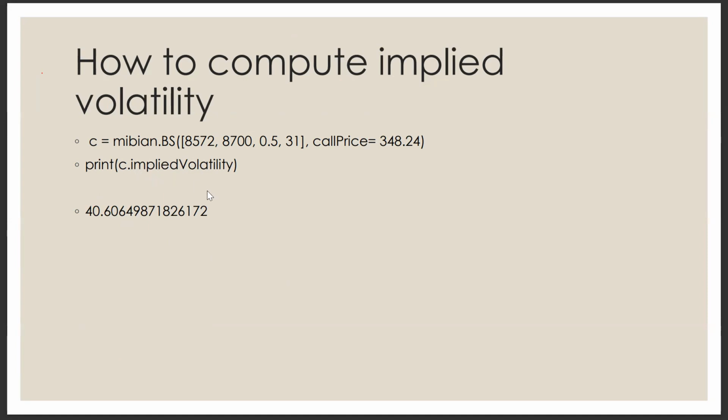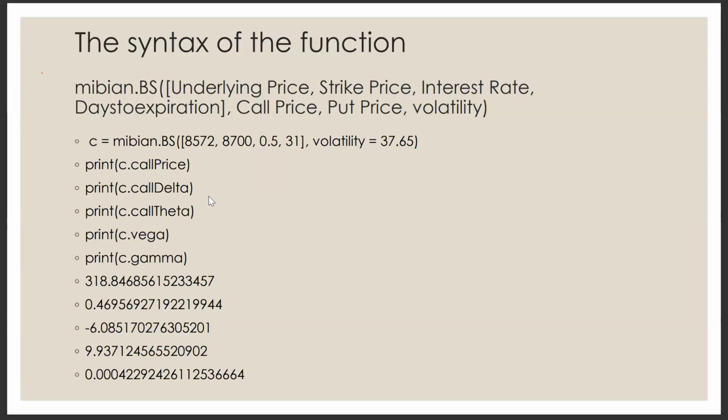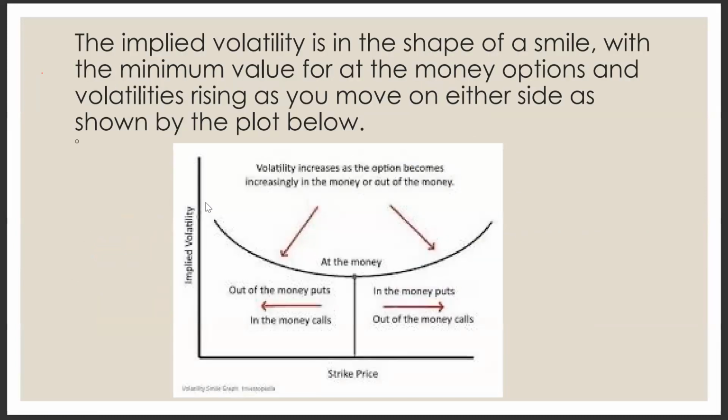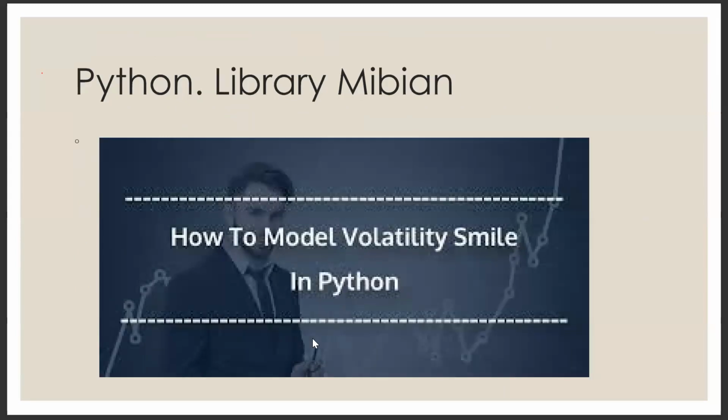So for building this graph, we just need to compute the implied volatility for, for example, 5 or 10 points, and after that join all these points. So we need to fix the time, choose some values of strike price, and compute implied volatility for each of these strike prices. Okay.